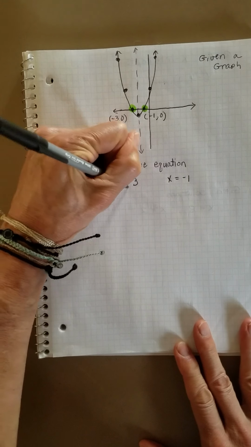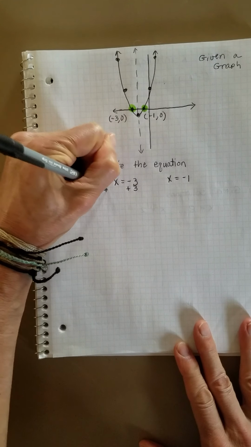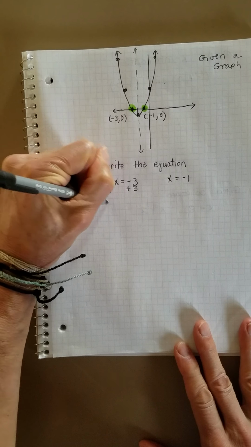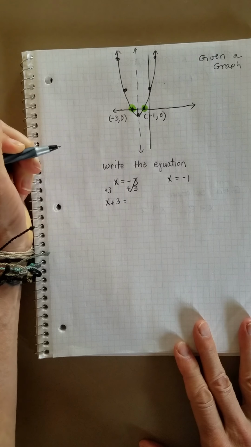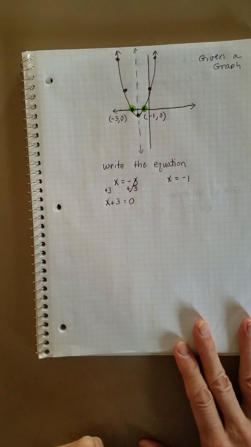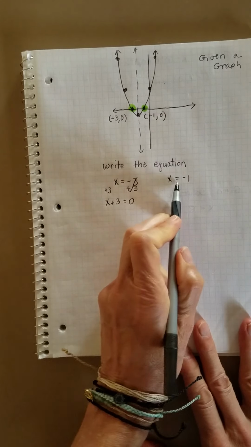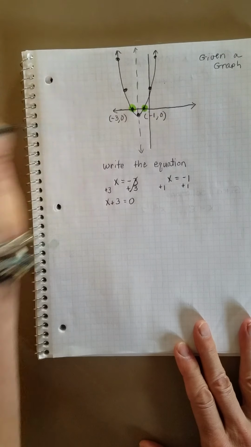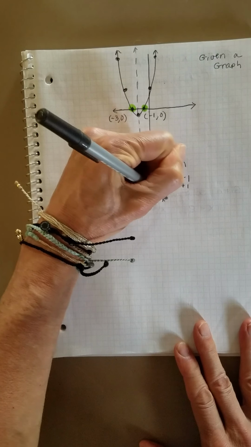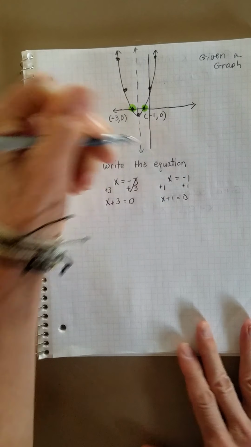This looks kind of weird, but I'm going to add 3 to both sides, so I get x plus 3 is equal to 0. For my other solution, I'm going to add 1 to both sides, so I have x plus 1 equals 0.